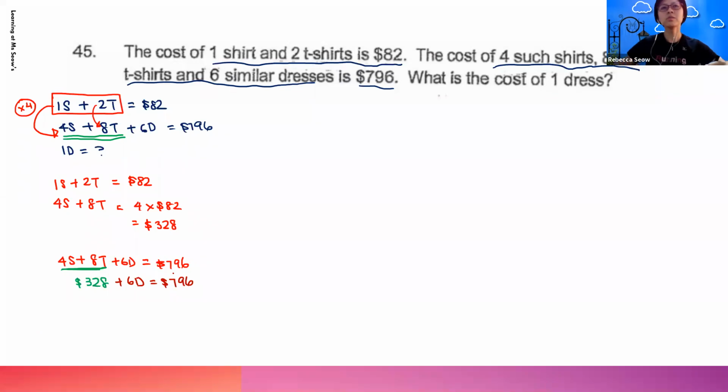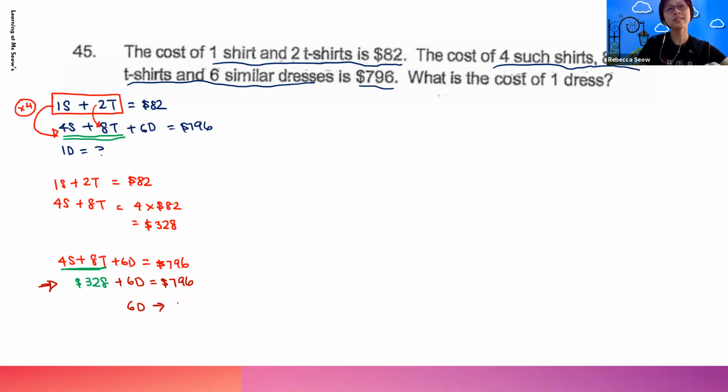Okay, so what does this mean? Looking at this statement over here, I don't see any more shirts. I don't see any more t-shirts. What I see is $328. Now we can find what 6 dresses cost.